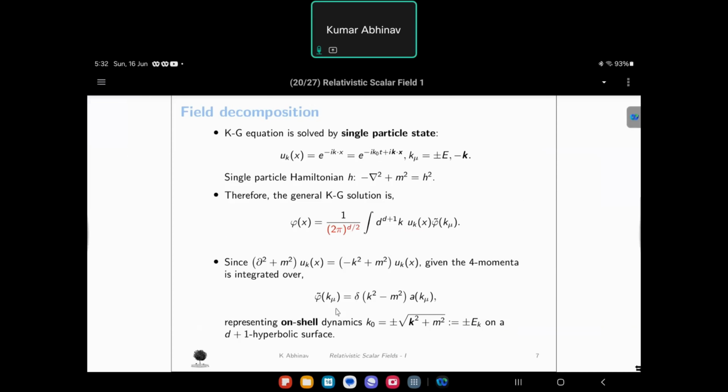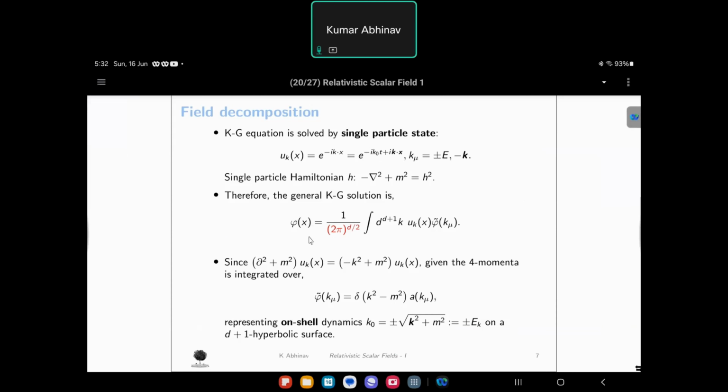So this phi tilde has to have a dependence on this Dirac delta function and some other dependence on momentum k mu. The reason being that when you put this phi(x) into the Klein-Gordon equation, it should give you 0, right?